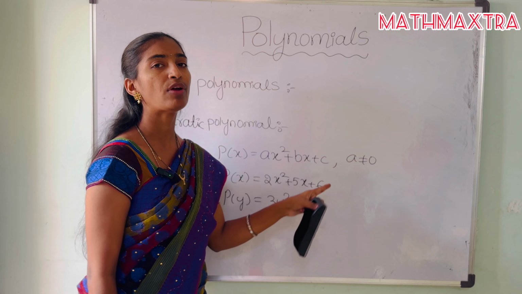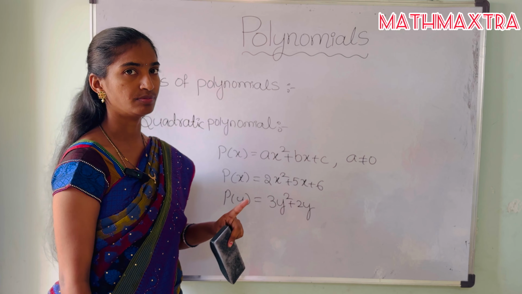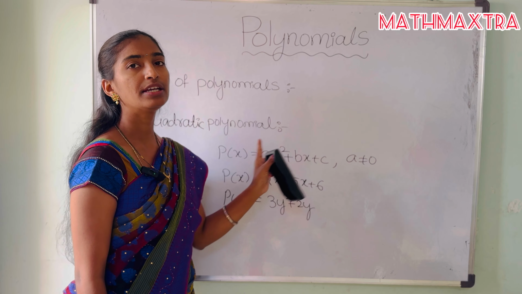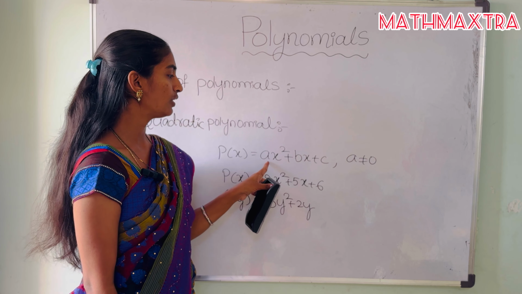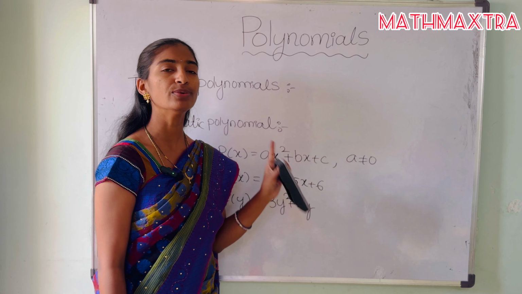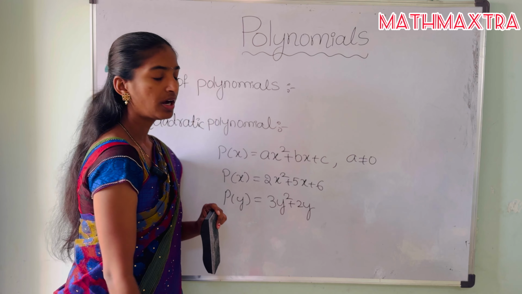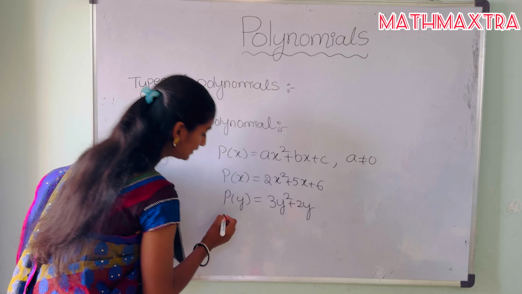B and C values can become 0, but A should not be equal to 0. Because if A is equal to 0, the degree of this polynomial changes. That is why it should not be equal to 0, but B and C values can be 0. See here, C is absent, although it is a quadratic polynomial, isn't it?